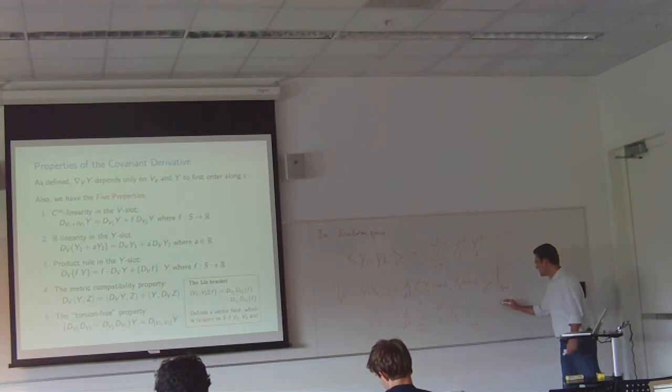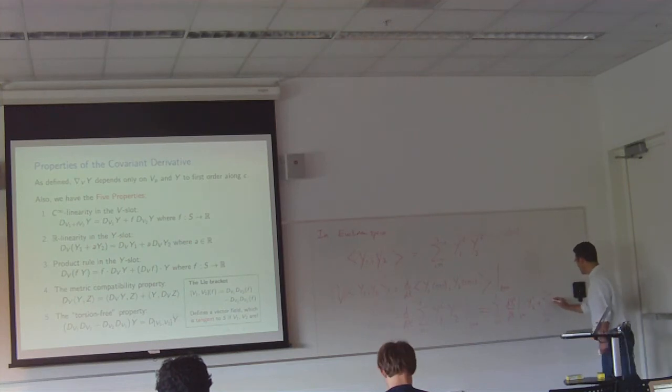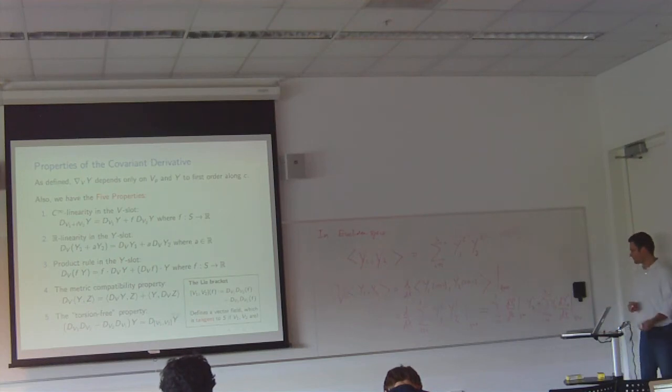It's two terms: the sum from i equals 1 to 3 of dyi1 dt at t equals 0 times yi2, plus the second term, another sum from 1 to 3 of yi1 times dyi2 dt at t equals 0. So I got a sum of two terms.